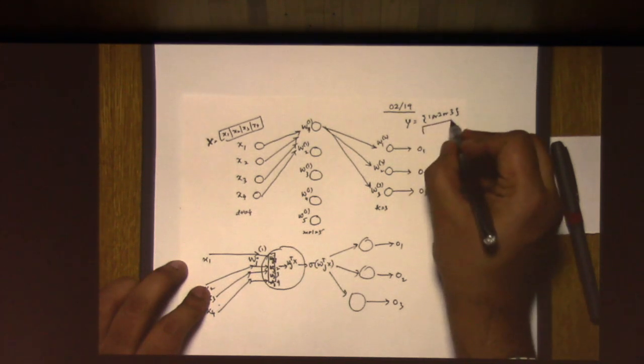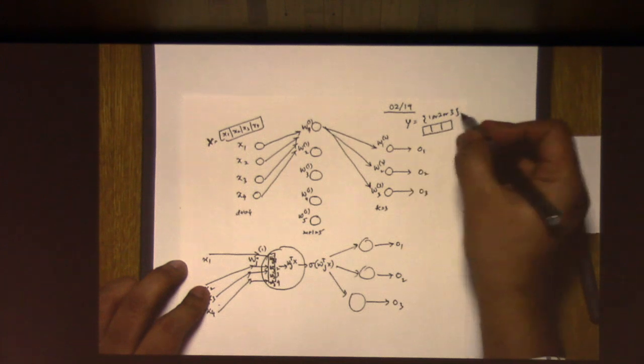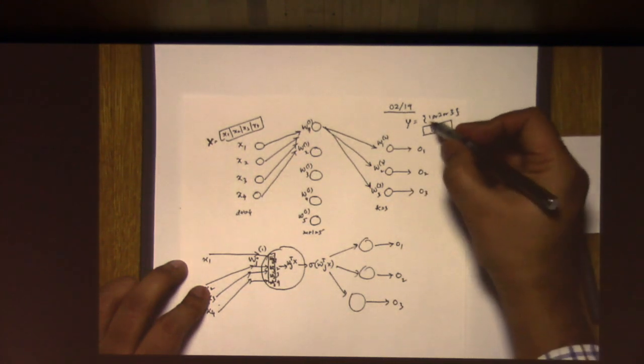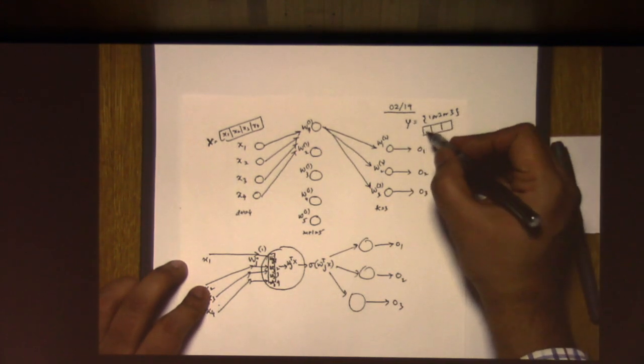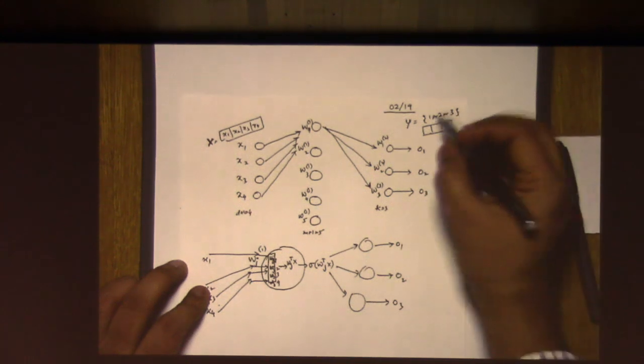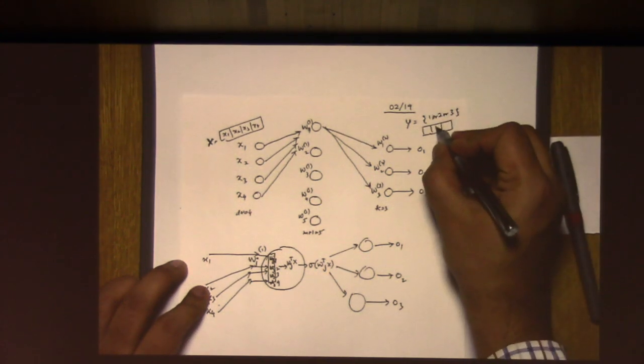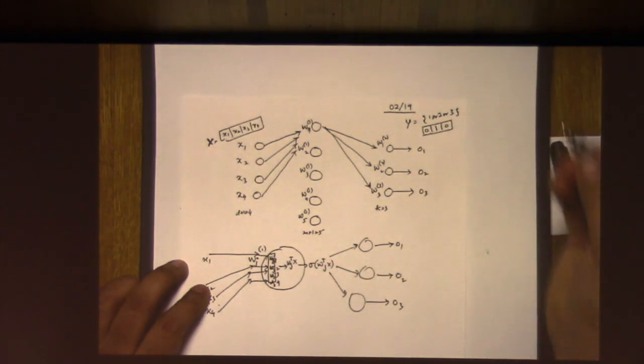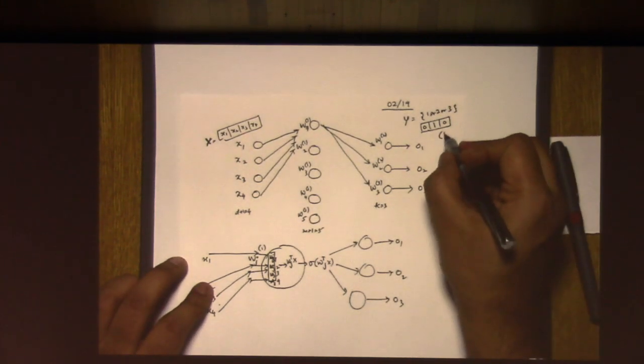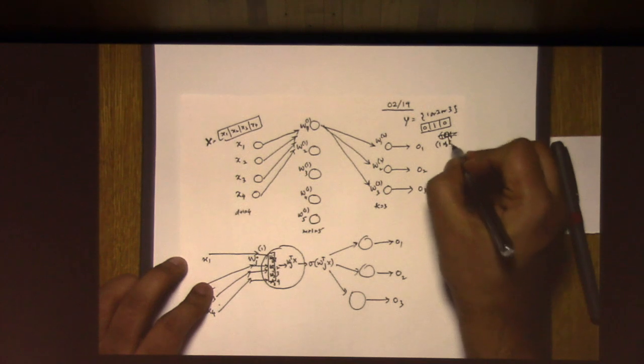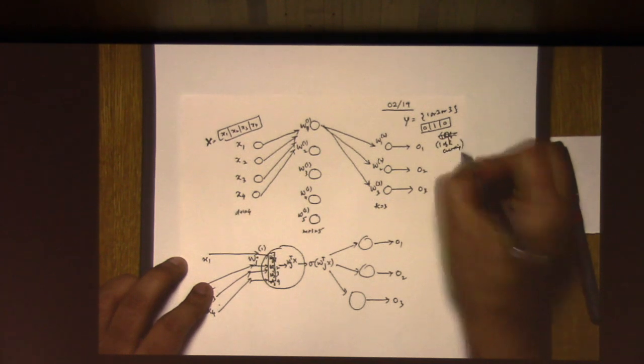We convert this into a k-bit vector. In this case, k is 3, so a 3-bit vector. And depending on what the value of y is, we will make one of them 1. So let's say y was 2, right? So we'll make this 1 and everything else 0. This is also known as 1-of-k encoding, right?